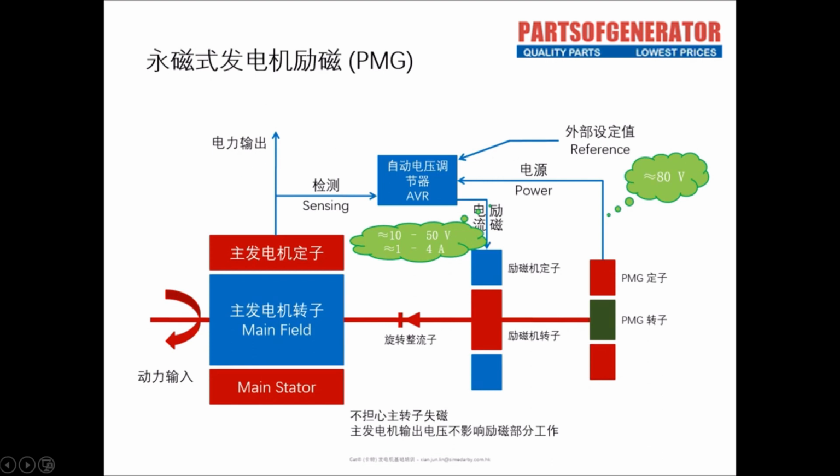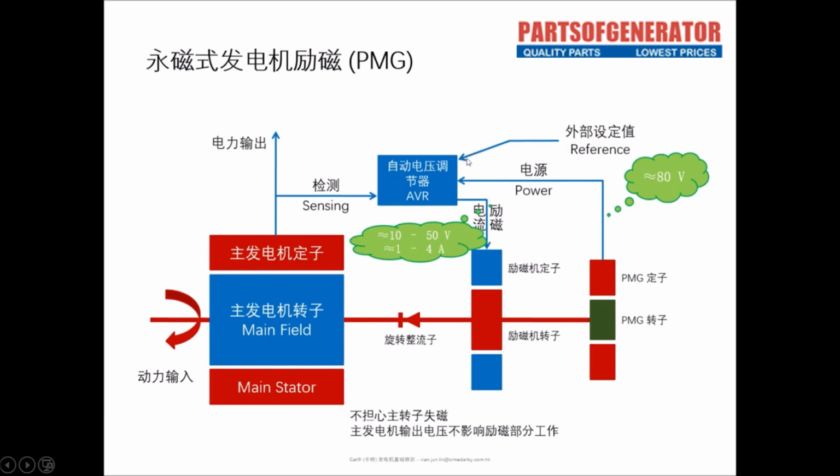Then let's take a look at the part that is included in these three pictures. This is the so-called external setting value. In fact, this external setting may be a knob on the control panel. The output voltage of the generator is adjusted through that knob.